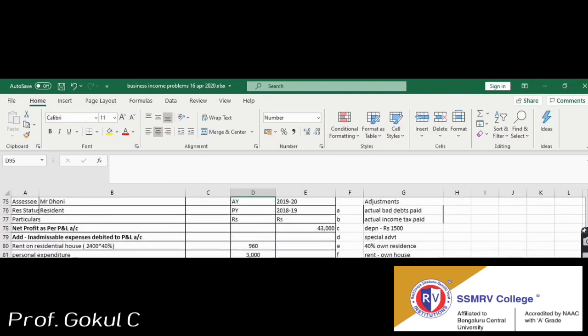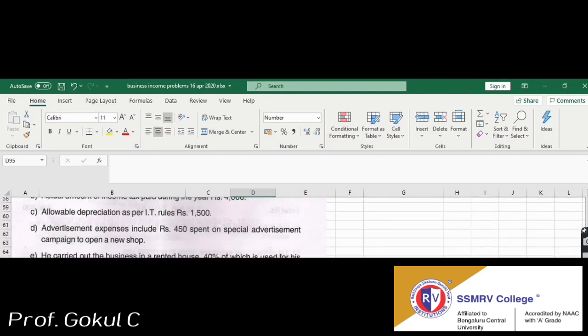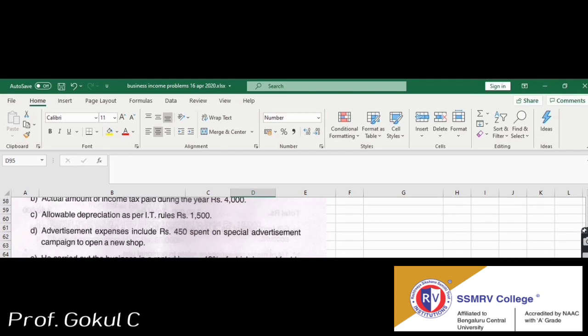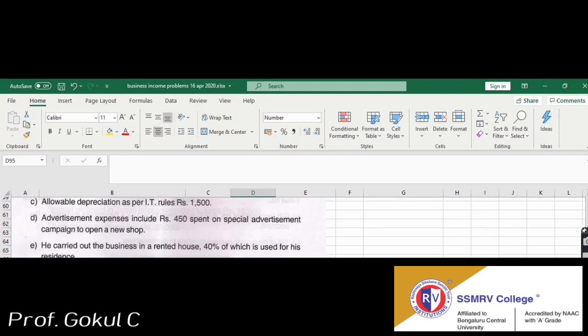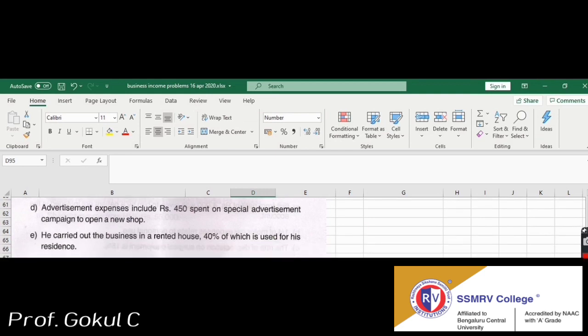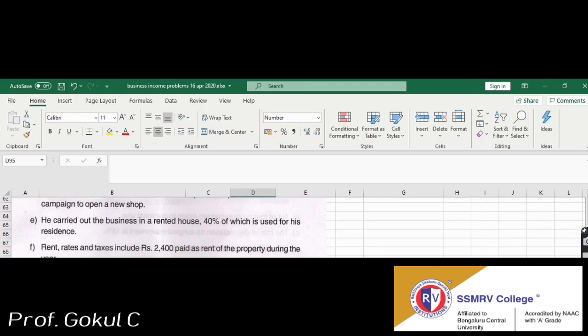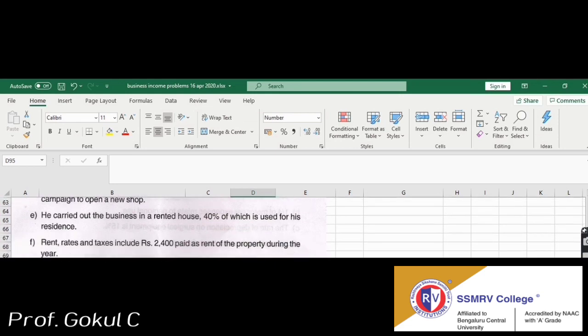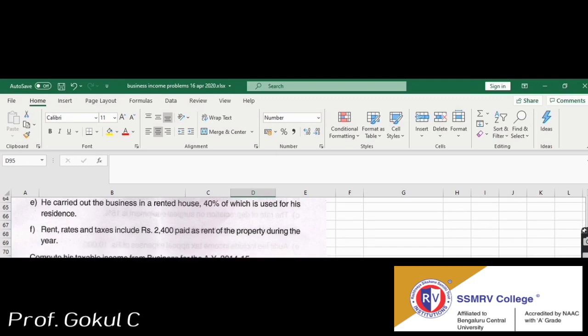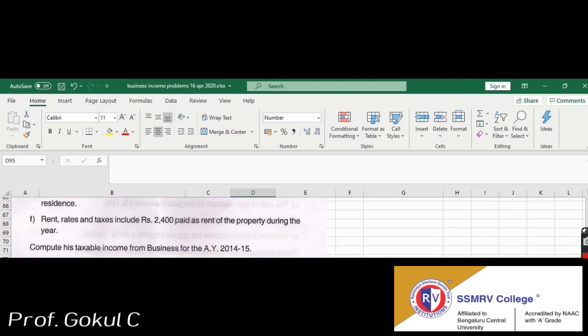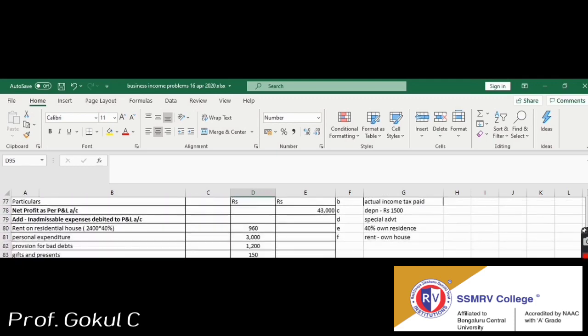Then go to the next adjustment. Advertisement expenses include 450 rupees spent on a special advertisement campaign to open a new shop, a pure business expenditure. You don't have to do anything on this. He carried out the business in a rented house, 40% of which he used for his residence. We have already taken care of this adjustment. Rent, rates and tax include 2,400 rupees paid as rent of the property during the year. This also has been taken care of.